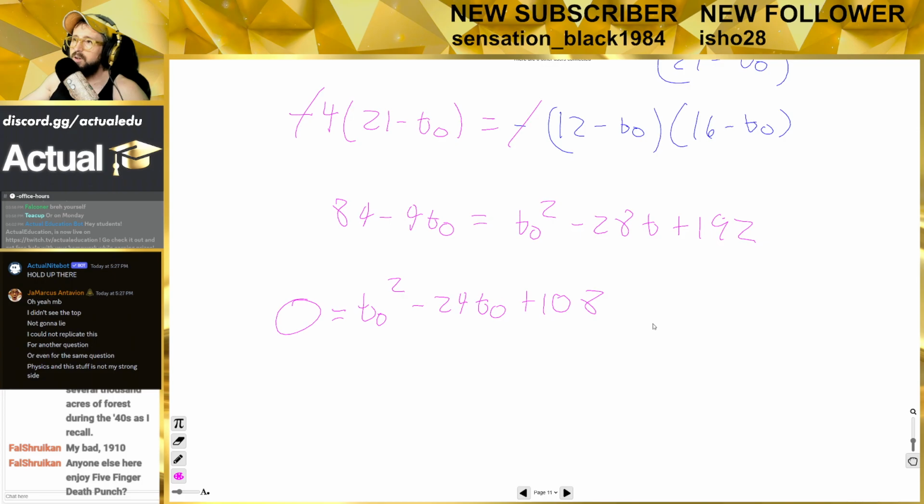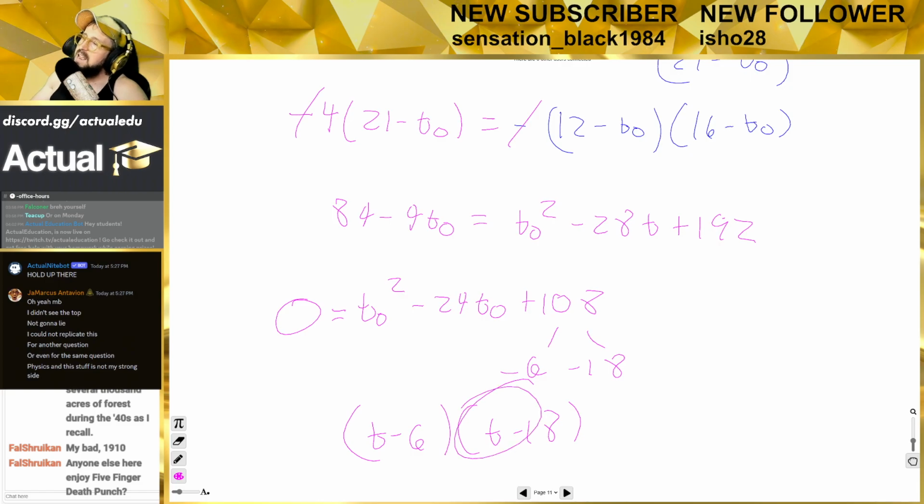What are my solutions here, though? I guess it's 6 and something, right? What multiplies to this? Yeah, 6 and 18, right? Minus 6, minus 18. Okay, so this is where you get your solutions. You get t minus 6, t minus 18. Okay, but 18 doesn't make sense, right?